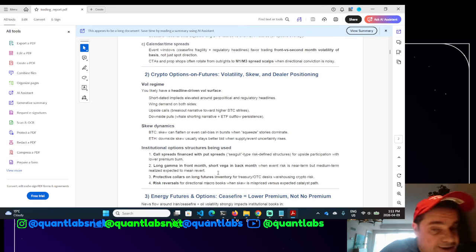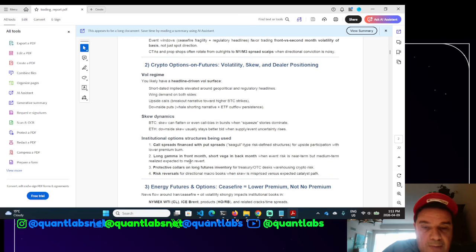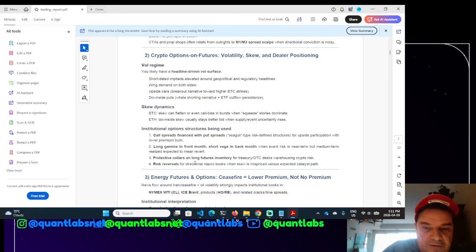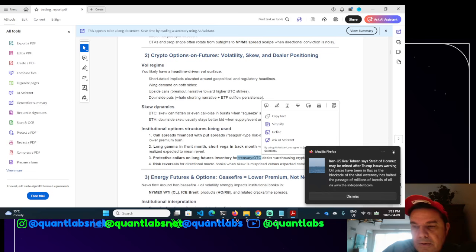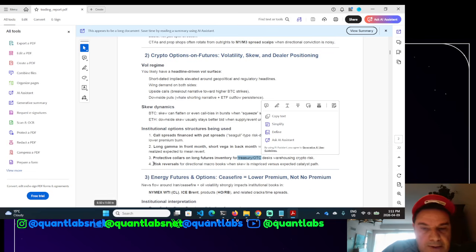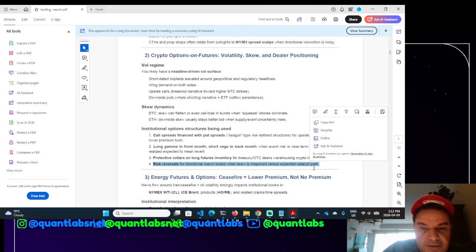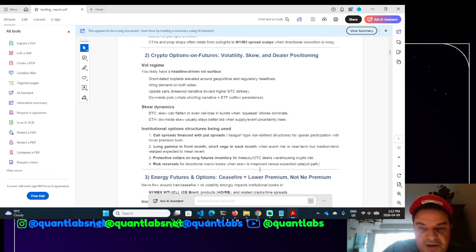Again, this is all the Greek analysis I've gone on about. Again, option trading: call spread financed with a put spread, seagull type, and so on, for upside participation with lower premium burn. Then the protective collar, which now involves over-the-counter treasury desks to warehouse crypto risk. And then the famous risk reversal, a directional macro book when skew is mispriced versus a catalyst path.